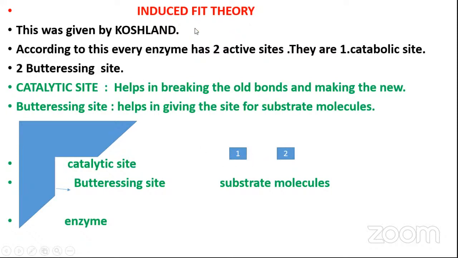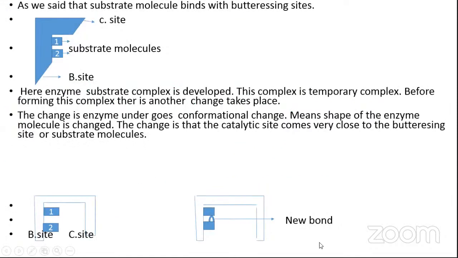As per this theory, the catalytic site is helping in creating new bonds. Before that, there is no connection between the substrate molecules. But after this bending of the catalytic site towards the substrate molecules, it helps in creating a new bond between them. So, after developing this bond, a complex is developed, which is called the enzyme substrate complex.